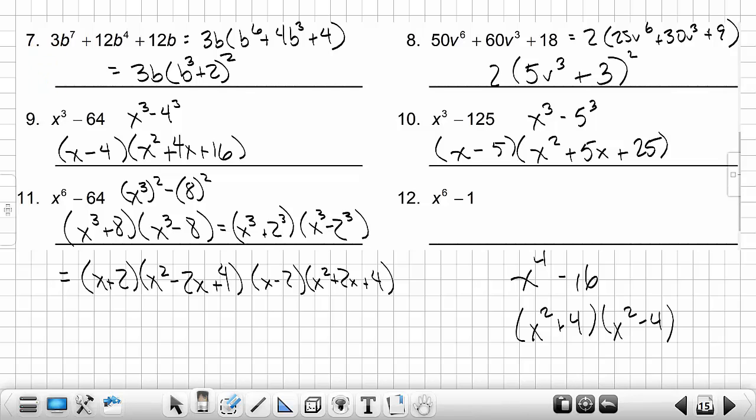The right-hand one could keep going. So this would be x squared plus 4, because there's nothing I can do with a sum of 2 squares. This would be x plus 2 and then x minus 2, because I could keep going. You can do whichever ones you can do. Destiny, it's because there's no sum of 2 squares, so you can't break it down further. I mean, in a higher level class, that one does break down further. That's x plus 2i times x minus 2i.